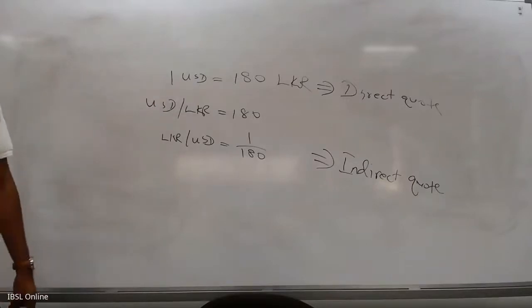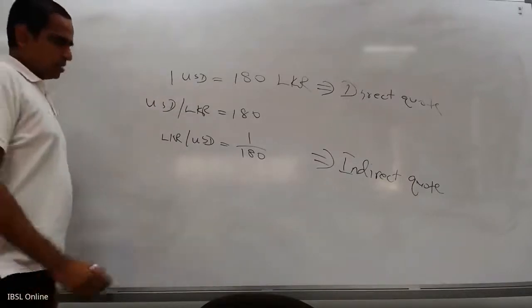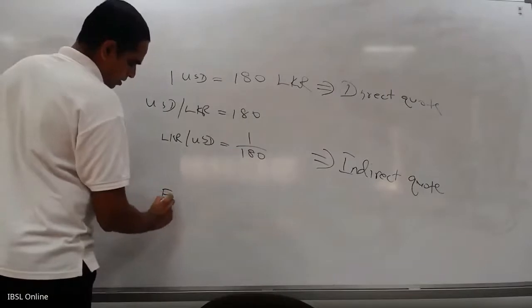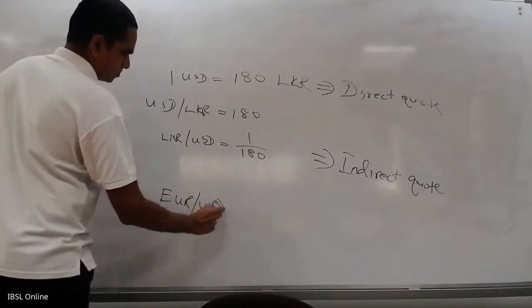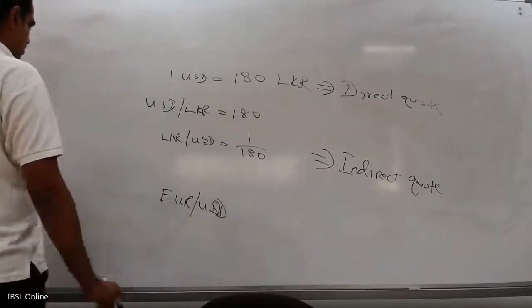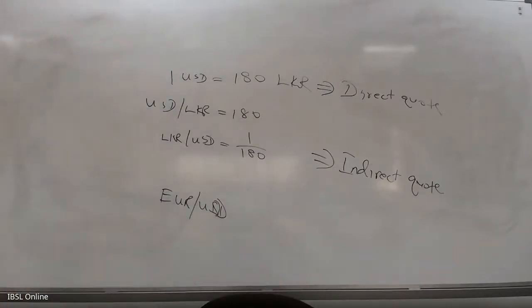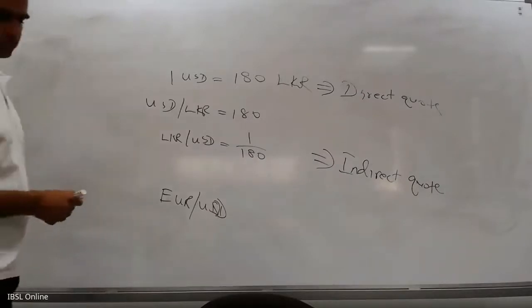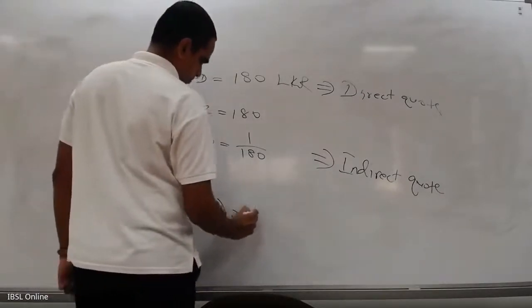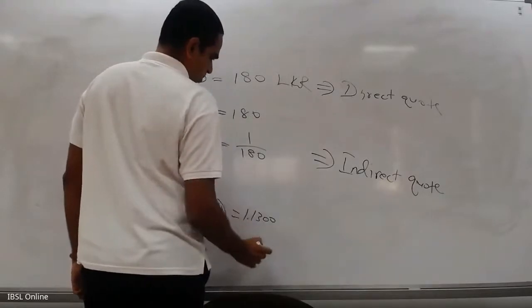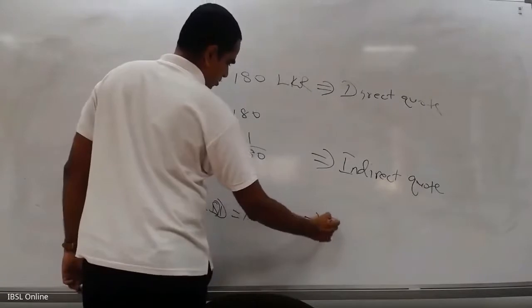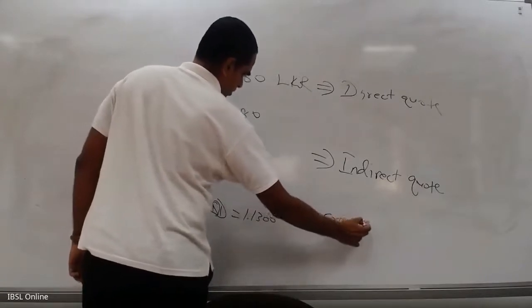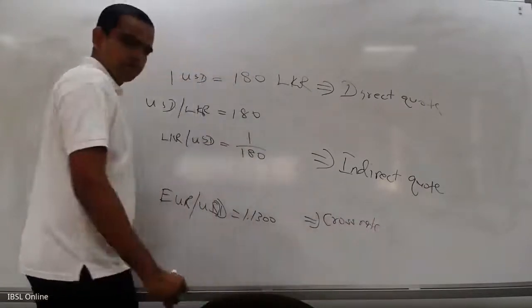Simple question. If you see this exchange, euro to dollar, euro dollar, there is no Sri Lankan rupee in between. This is called a cross rate.